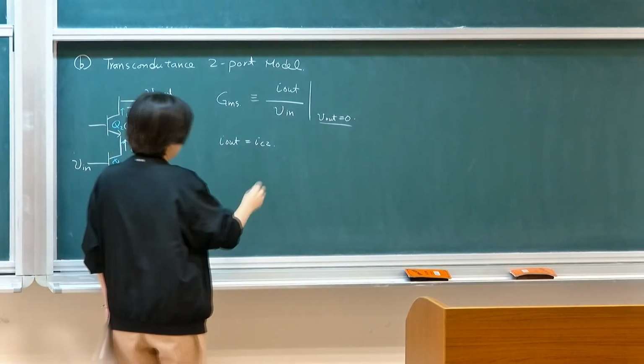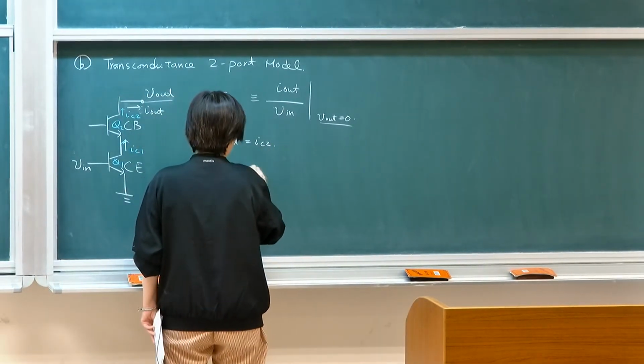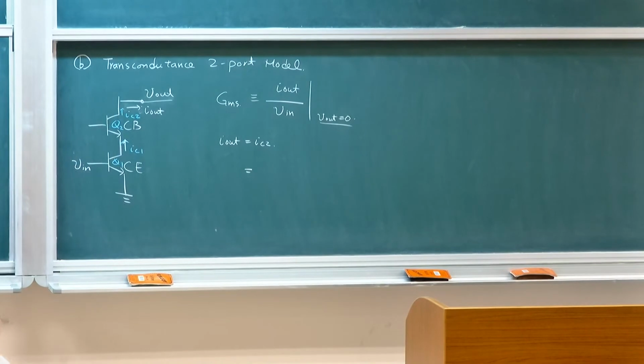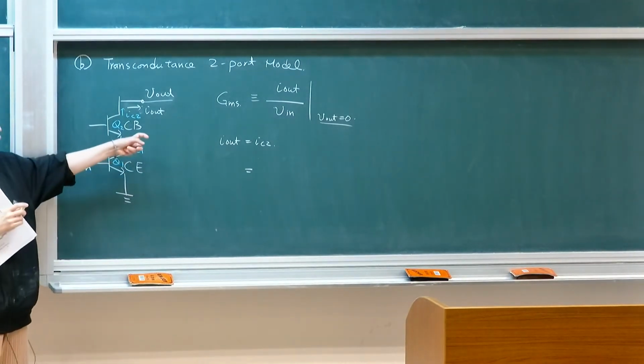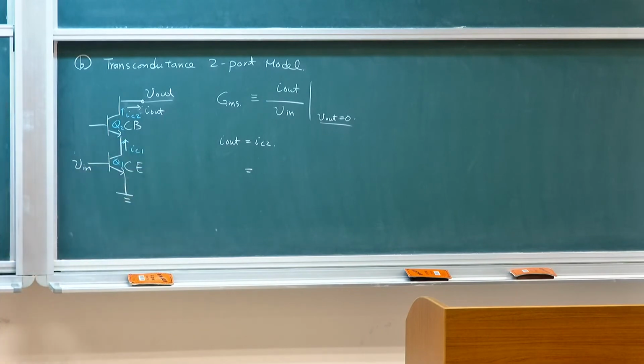The relationship between IC1 and IC2 is a factor of alpha, because remember, the common base stage is a current buffer. Its current gain is close to 1.